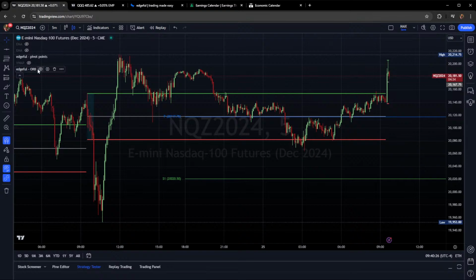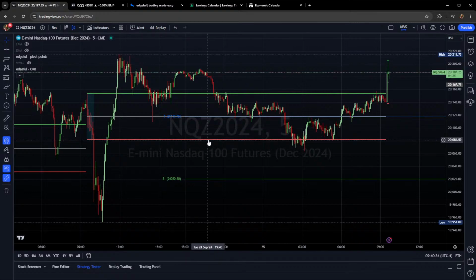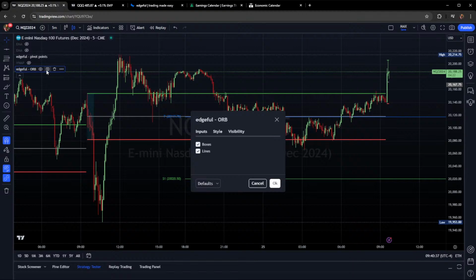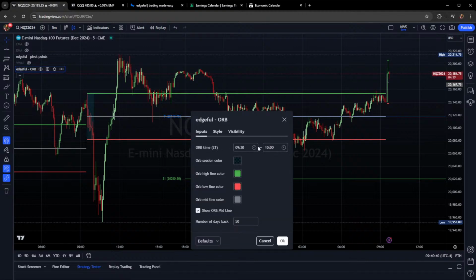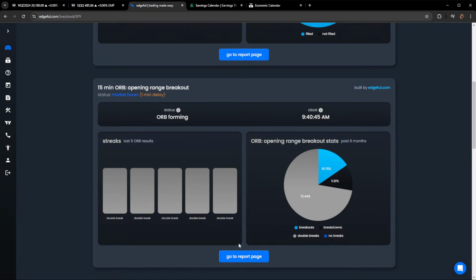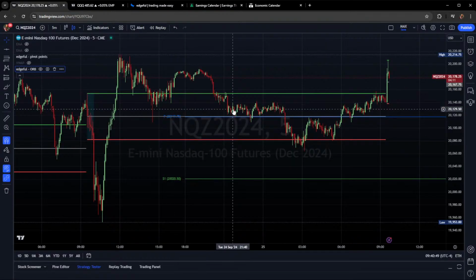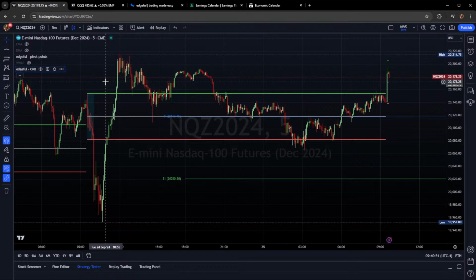Pivot points. Yesterday's ORB, you can always look at yesterday's ORB as a key level. Lower ORB down here, that's an interesting spot for me. Once again, I'll use the 30 minutes, so I just customize this to the 30 minute, and if I go over here and pull the report, I can change and customize that. I'll look at that here in just a second once we get a little bit closer to it.